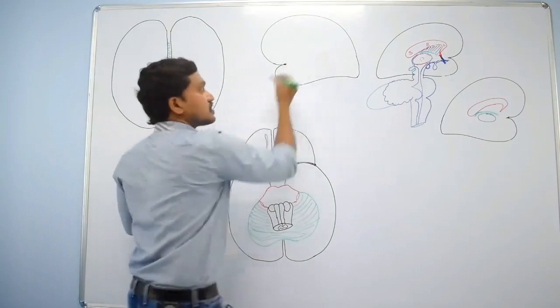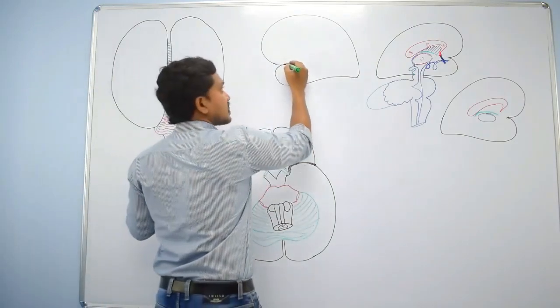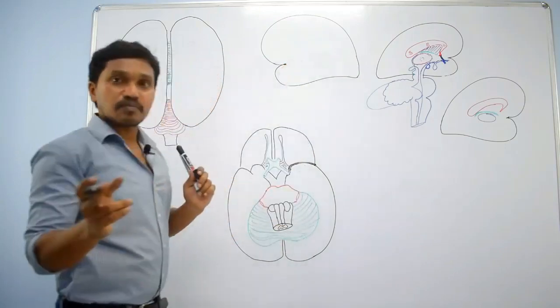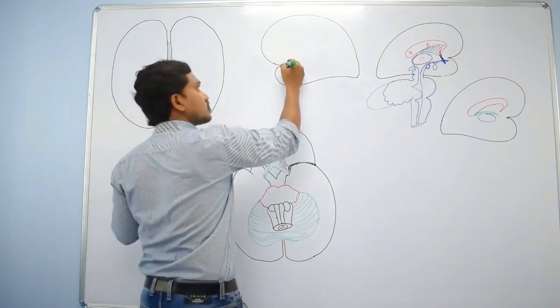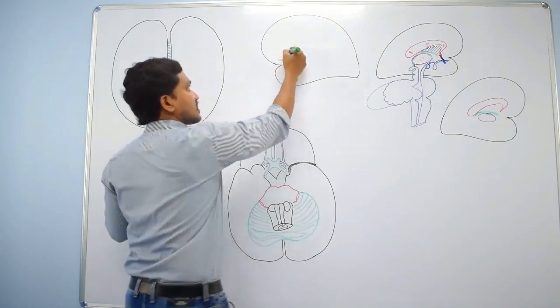Then from this point, the lateral sulcus divides into an anterior ramus and a posterior ramus. The anterior ramus further divides into anterior horizontal and anterior ascending.